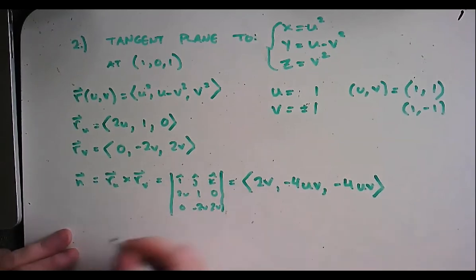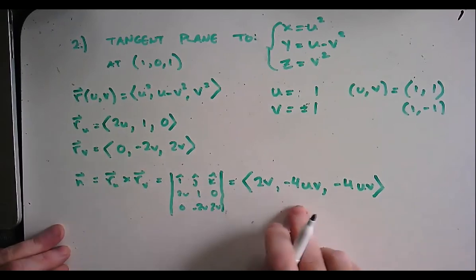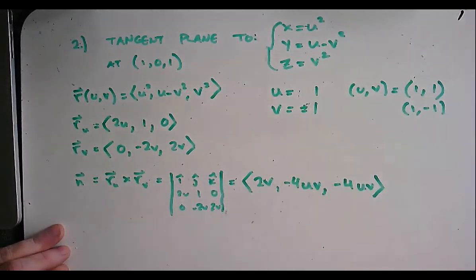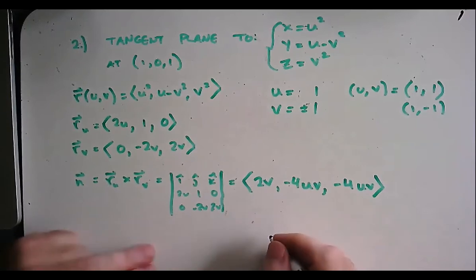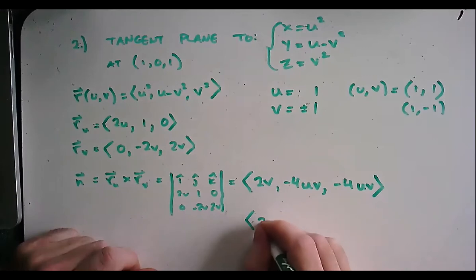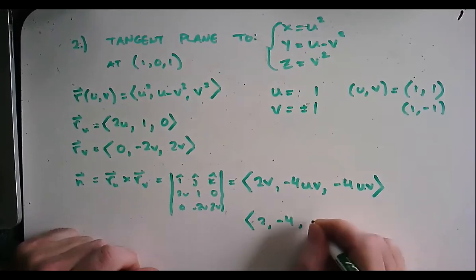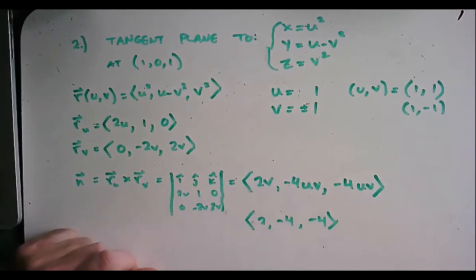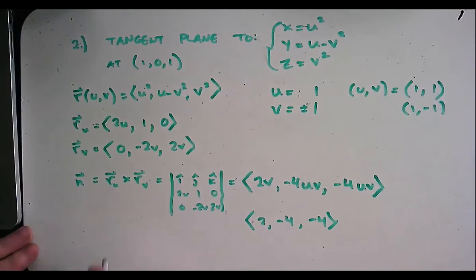All right, so let's evaluate the point there. I'll just do exactly what I said there. So our normal vector evaluated at 1 comma 1 or 1 comma negative 1, doesn't really matter which one we use, is going to give us the vector 2 times 1, so 2, negative 4, negative 4. And so then the representation of our plane, the easiest way to do that would be to use these as coefficients and basically to use like the point slope equivalent.